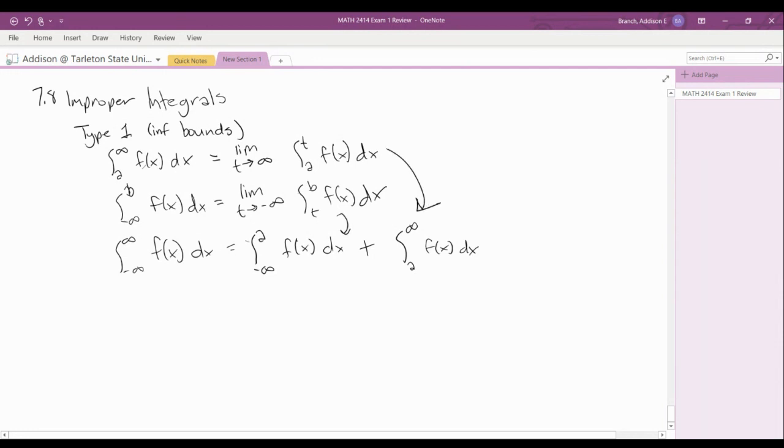The other reason why integrals can be improper is if they have a discontinuity within their bounds.